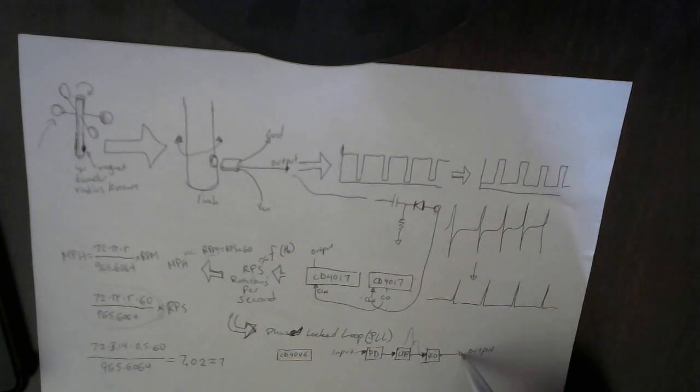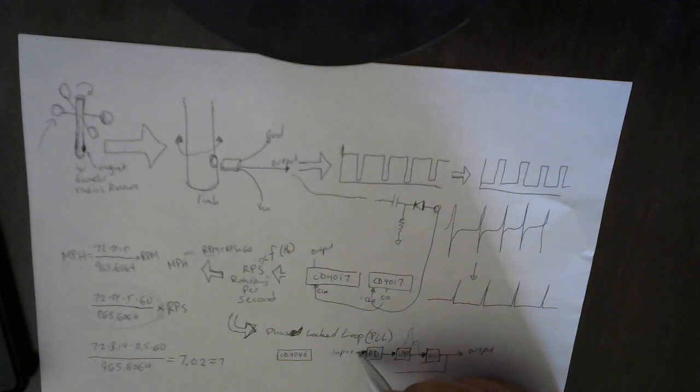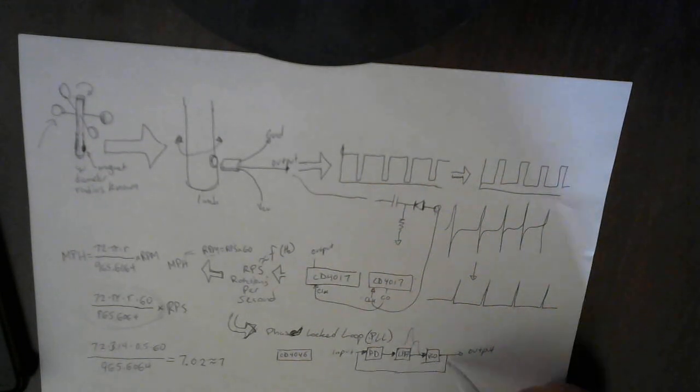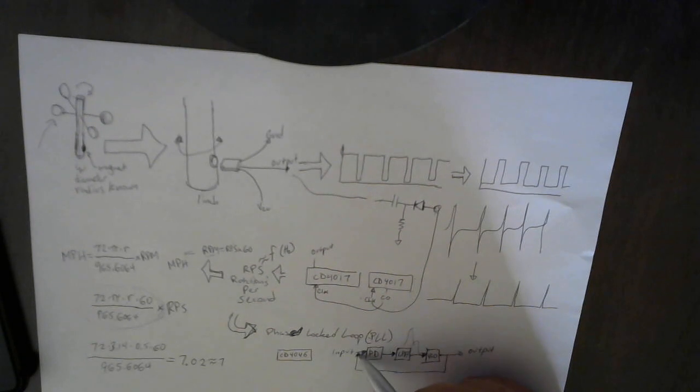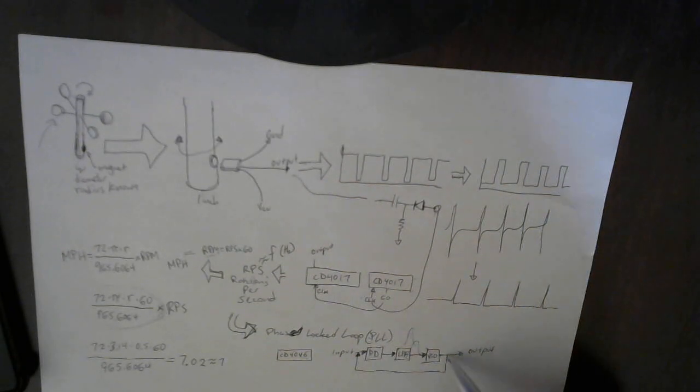But the beauty of this circuit is there is a feedback loop here, and this feedback loop provides this input signal with any changes that occur in the signal throughout, and will adjust the output frequency accordingly.